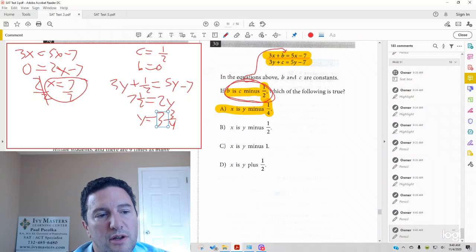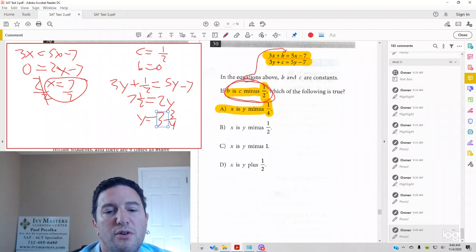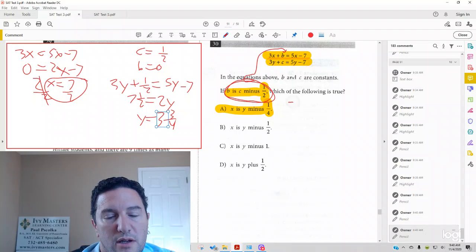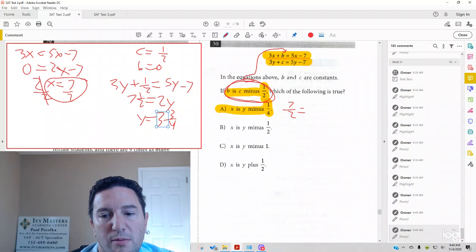Now we look at our answer choices, and you can see this, it gets a little hairy picking numbers here. But we already saw before that our answer was A. So in place of x over here, I would put 7/2 equals y. In place of y, I put 3 3/4 minus 1/4.